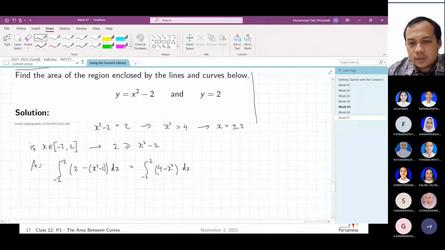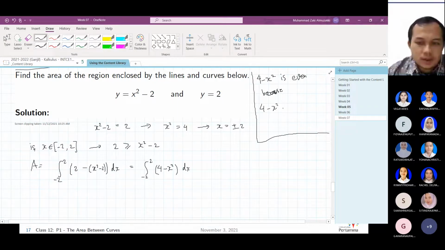And in this case, we know that 4 minus x squared is even, because 4 minus (minus x) squared is equal to 4 minus x squared.